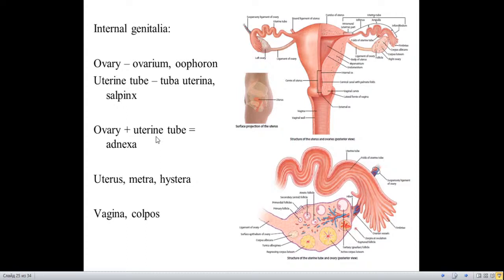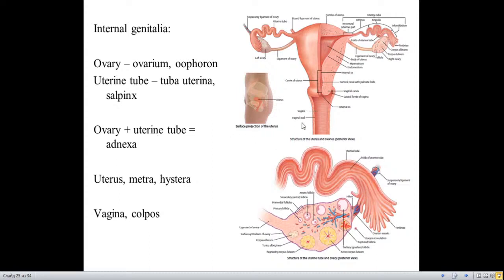So you see these terms are named using the word metra. Also parametrium is present. It is not a layer of the wall, it is adipose tissue surrounding the cervix of uterus. And the hystera term is also acceptable. In gynecology there is such an operation known as hysterectomy, removal of uterus. You see, it comes not from uterus but from hyster.